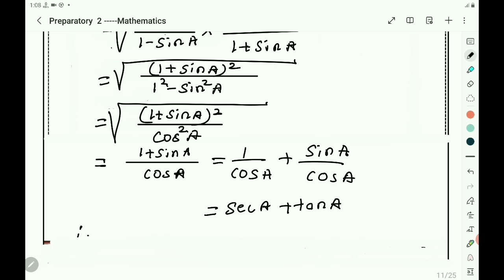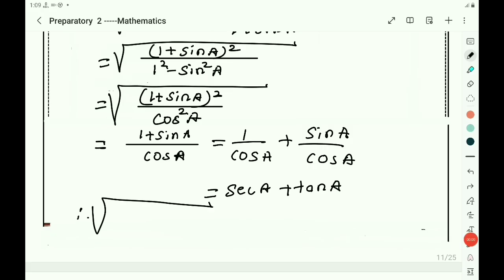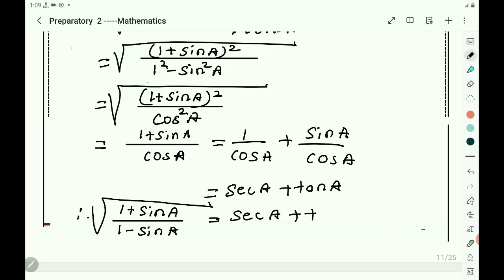Therefore you write whole root 1 plus sin A by 1 minus sin A equals what? Secant A plus tan A.